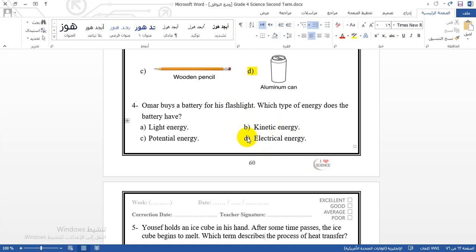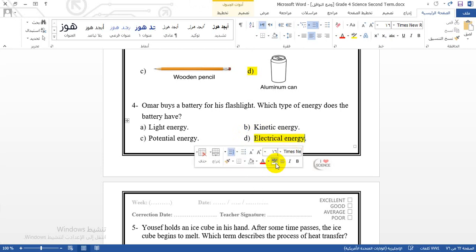If you remember the lesson of energy, that's what I mean. So we have to select letter D here. I think we have to select this one. Let's move to the next page now.